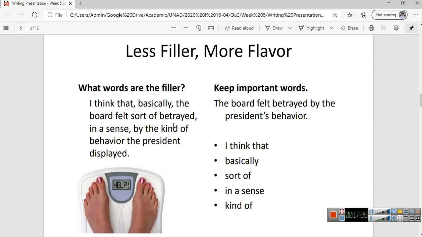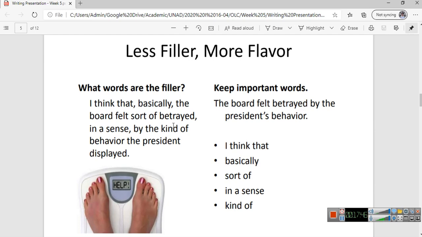Unnecessary words. Well, I don't know what to emphasize.